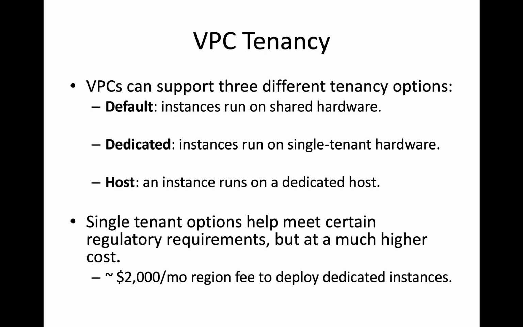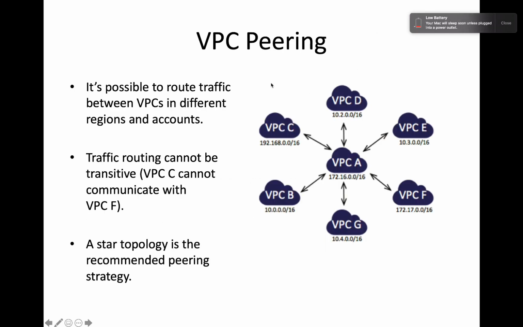There may be cases where we want our instances to run on single tenant hardware, which is hardware that is dedicated to our organization. Our organization is the only organization which is able to launch EC2 instances on that particular hardware.